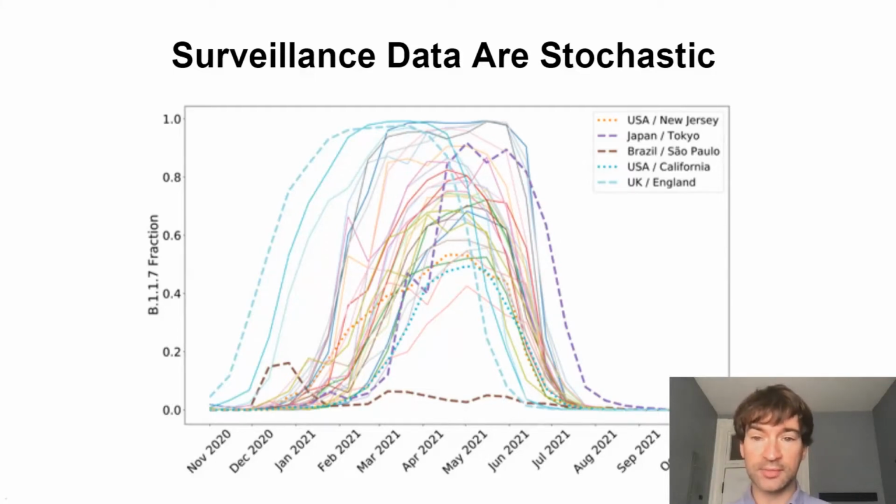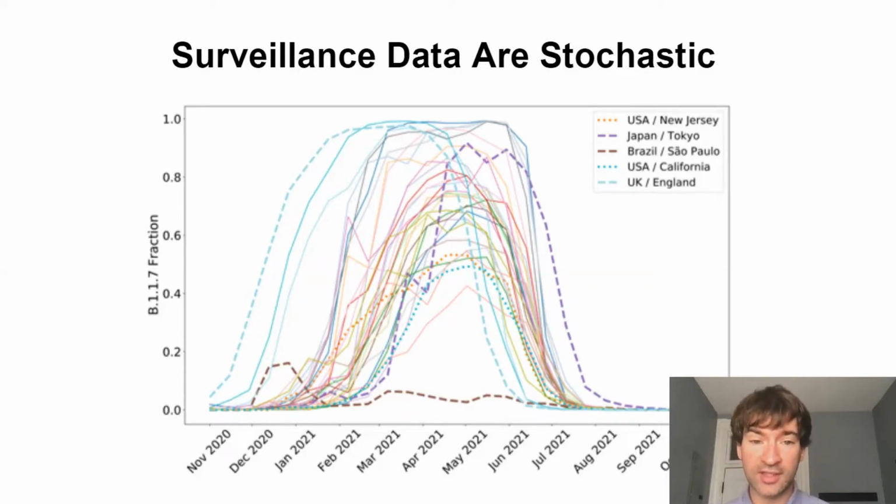We only observe some small fraction of what's actually going on. That's part of the reason for this stochasticity. But also, of course, viral infection is just a stochastic process, right? Two people might be in a restaurant together for half an hour, and in some cases it'll lead to a transmission event, and in some cases it won't. So there's an inherent level of stochasticity in this data.